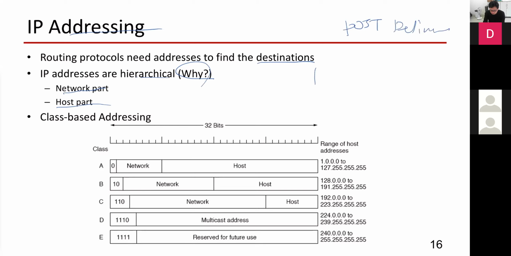Let me calculate: 256 times 256 is 65,536. Maybe this is adequate for Yonsei University. How about 256 by 256 by 256? This is 16 million.